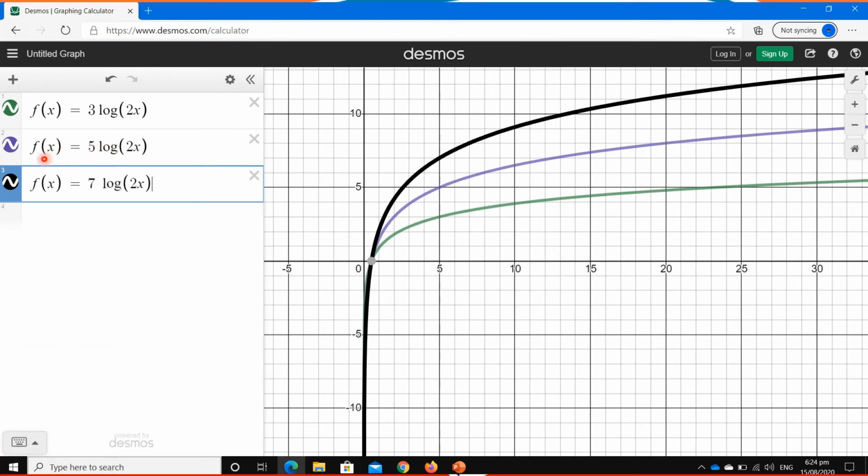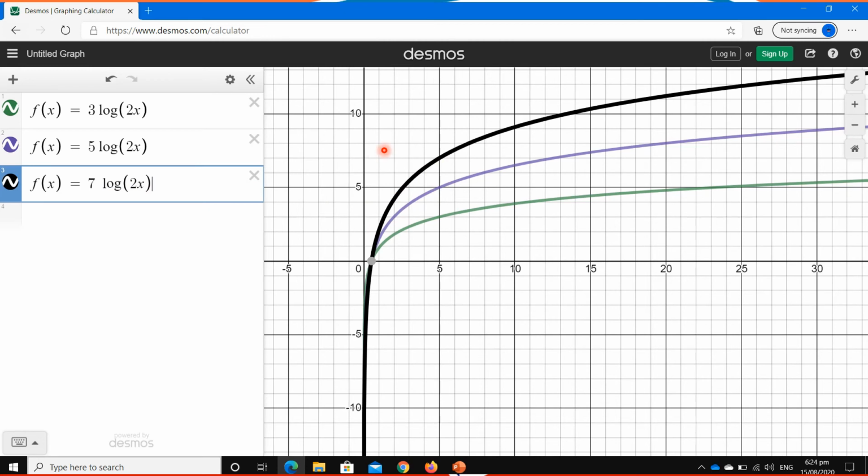Next, we have f of x equals 5 log of 2x, and f of x equals 7 log of 2x. Our 3 log of 2x is represented by the green curve, 5 log of 2x by the violet curve, and lastly, 7 log of 2x by the black curve.